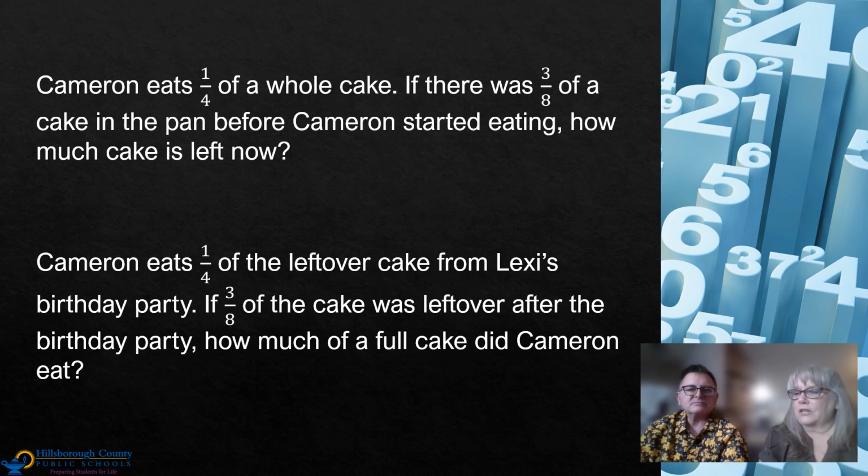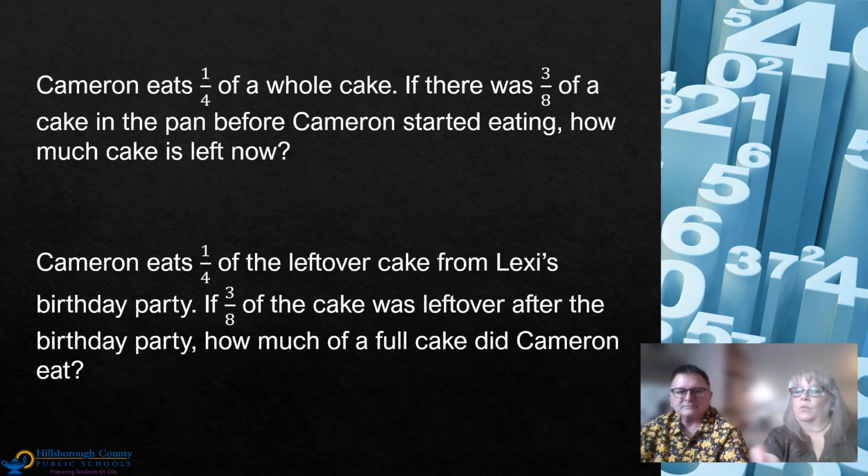Am I eating a fraction of the amount that's left, or am I eating a fraction of the whole that's represented, in this case, a whole cake? Okay. So because in the first scenario, it's 1/4 of a whole cake, it's takeaway.